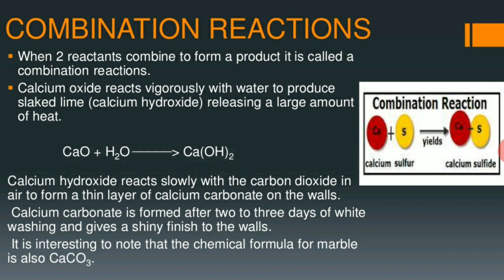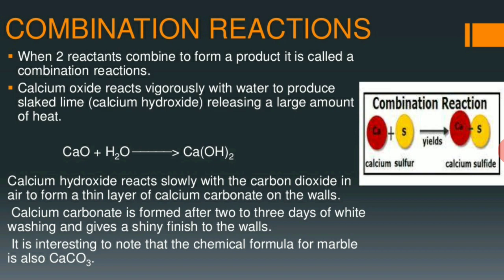Many examples are there for combination reactions: burning of magnesium ribbon, formation of water from hydrogen and oxygen. Another example: calcium oxide combines with water to form calcium hydroxide. Calcium oxide reacts vigorously with water to produce slaked lime.